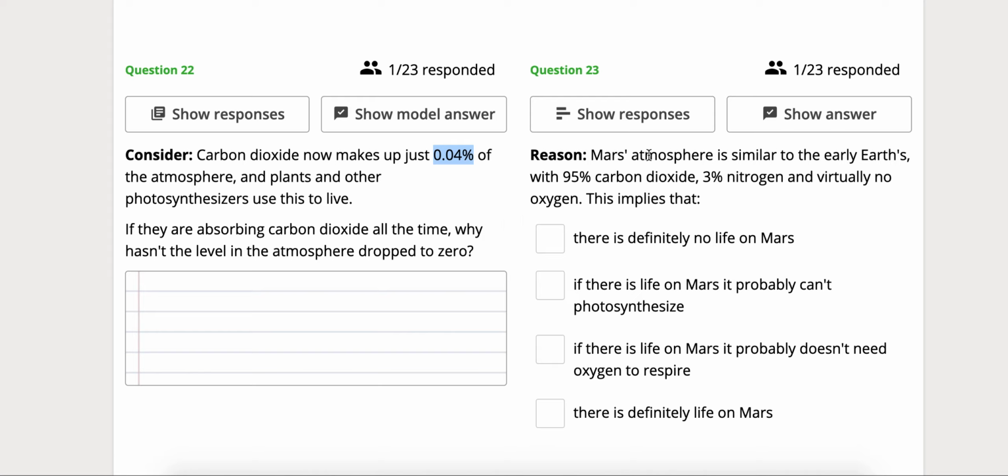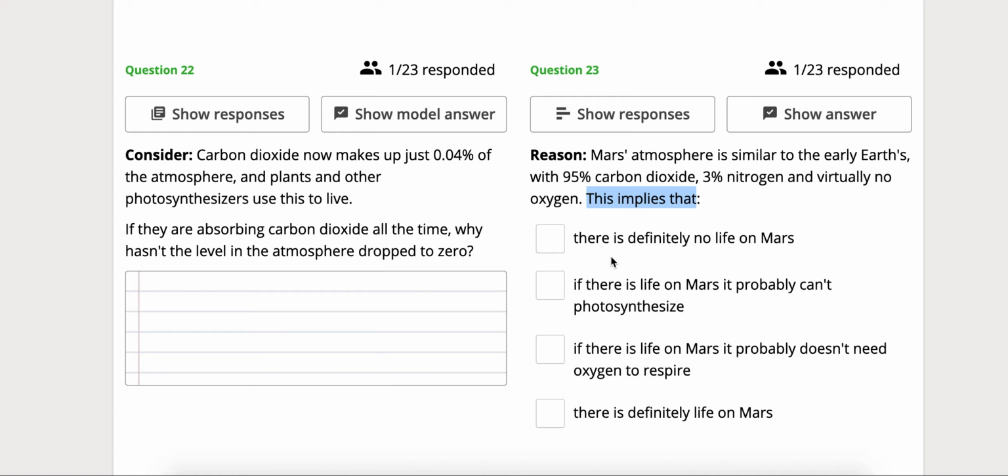With question 26, this one here looks at the atmosphere of Mars. So Mars's atmosphere is similar to the early Earth's, with 95% carbon dioxide, 3% nitrogen, and virtually no oxygen. What this then tells us, based off this information, what can we imply?